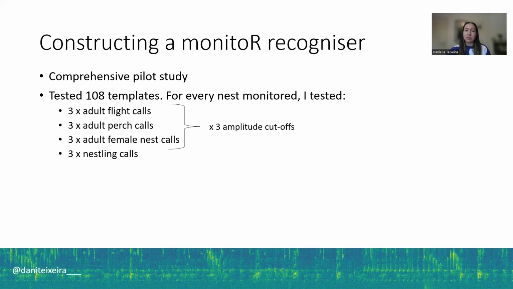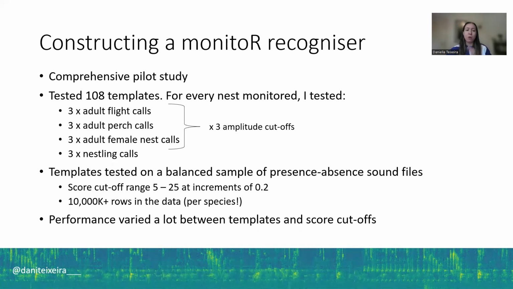There's a lot of parameters that you can modify. And the takeaway from all of that was that performance is surprisingly variable between templates and between different score cutoffs as well. So I spent a lot of time thinking about this and testing a whole range of parameters.